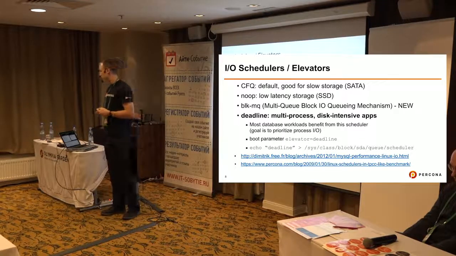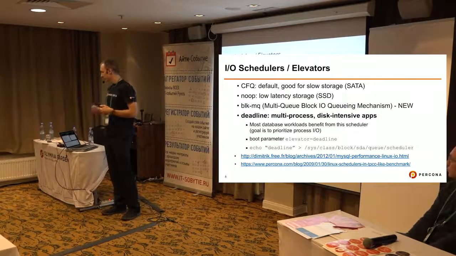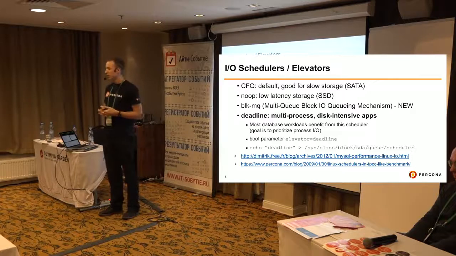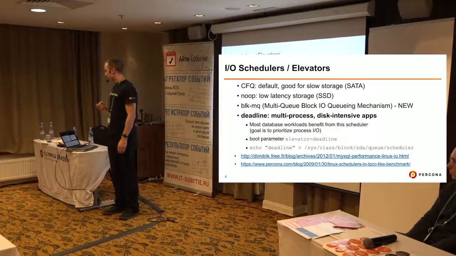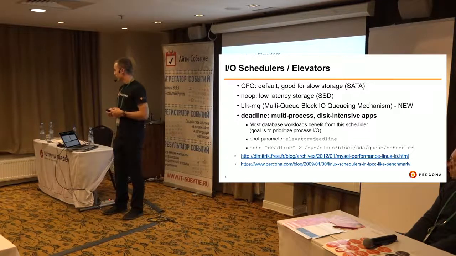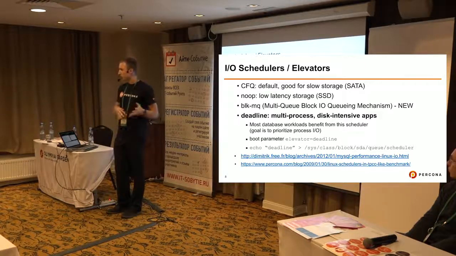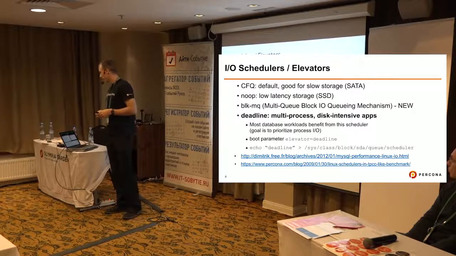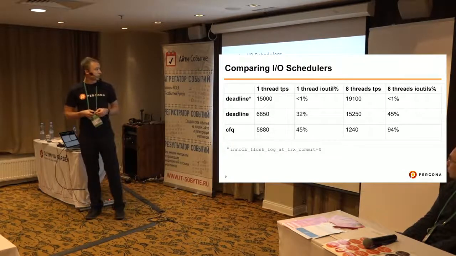It is all right for slow storage, and as an alternative, you should look at no-op elevator and deadline, which is used a lot more in database workloads, and most databases will benefit from deadline because it has 2 queues per device, one for reads and one for writes. So we can look at a quick benchmark comparing deadline to CFQ.